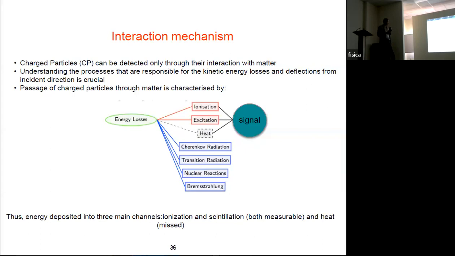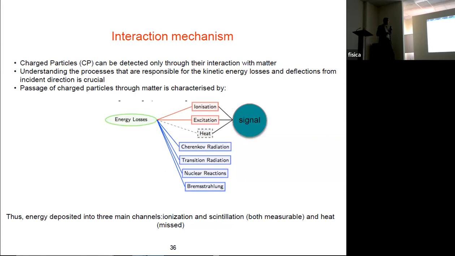There are some types of detectors which are called bolometers. They operate at millikelvin temperatures, and they can detect vibrations of the crystal lattice in the form of phonons, and this heat can be detected, but it's a very sophisticated technique done in some special experiments.